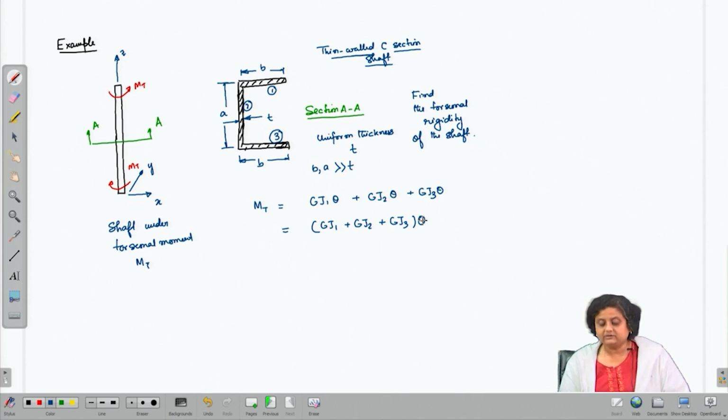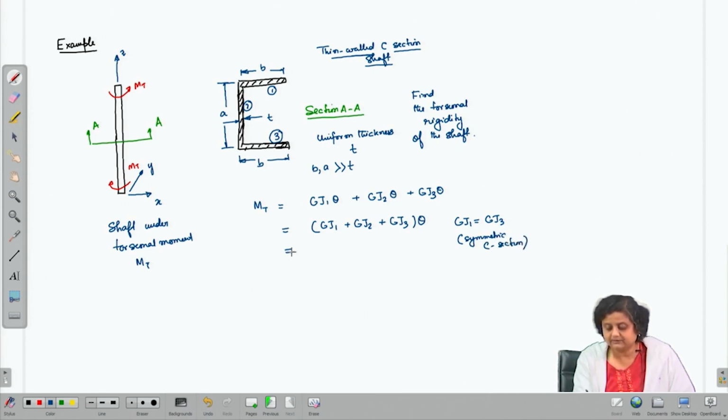Okay. Now, again GJ1 is equal to GJ3 because they are symmetric, because it is a symmetric C cross section. So, therefore, this can be written as 2 GJ1 plus GJ2 theta. So, if it is made of single material, we can say this to be 2 J1 plus J2 into G theta.